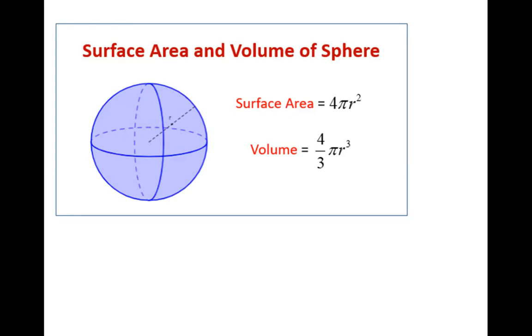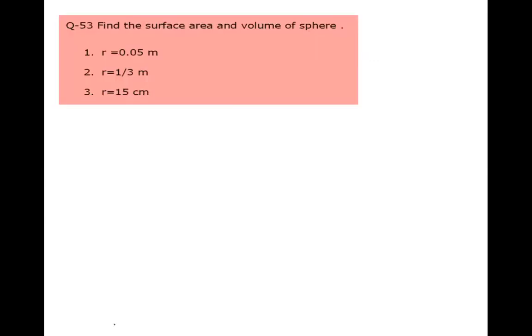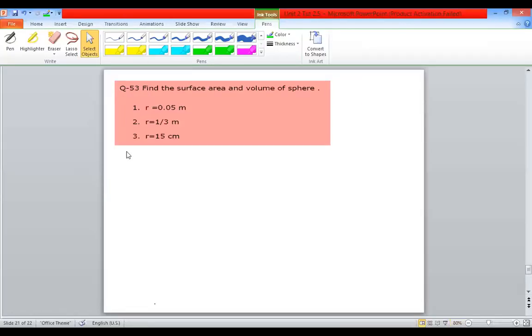Remember these two formulas. Surface area is 4 pi r square because the sphere is a collection of four circles. Look here, the next one: you can find the surface area and volume of a sphere. Look here, I'm using the first radius. Its radius is r. This is your sphere, and this is its center.